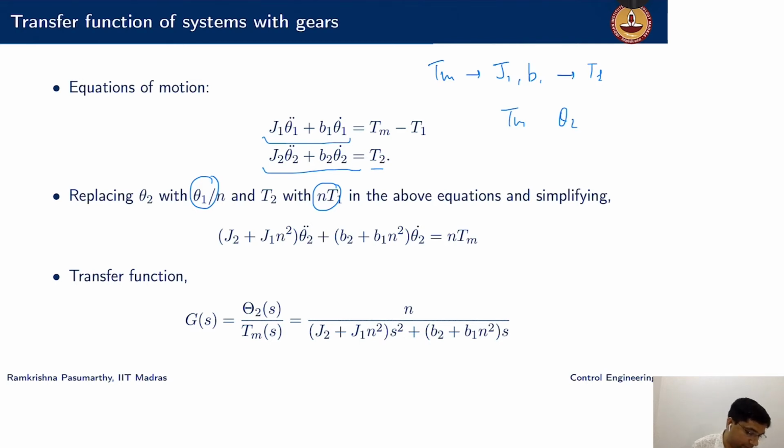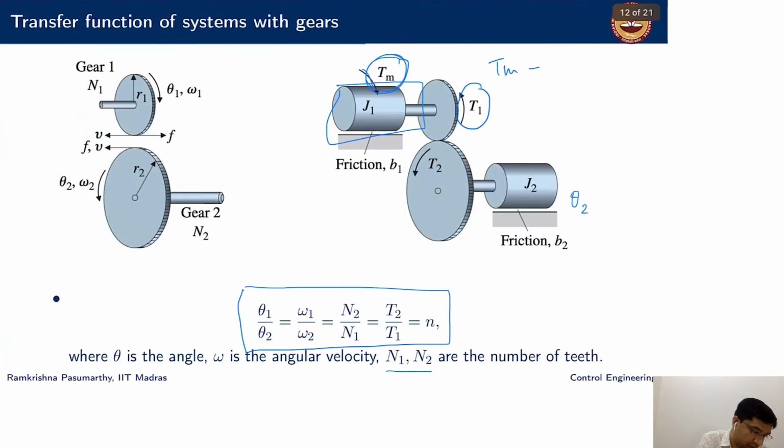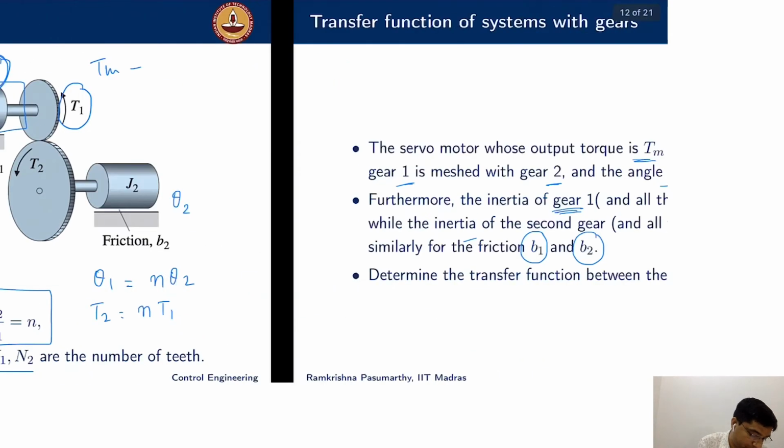So just look at this expression here. I am eliminating. So theta 1 will be equal to n theta 2. I also would want to eliminate T2 will be equal to n T1 and so on. Okay.